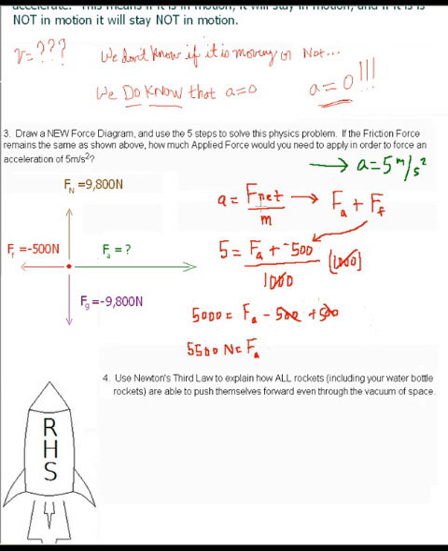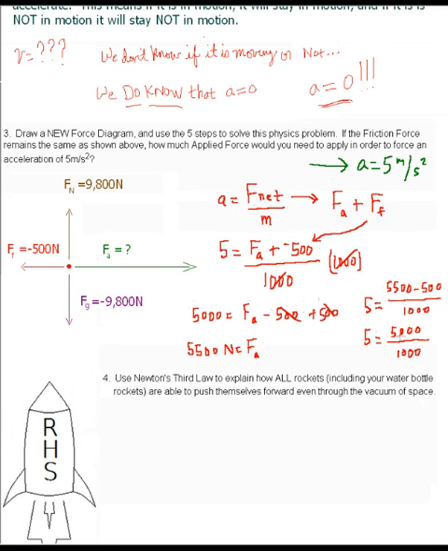Now if you put that back into the original equation, what you're saying is that the acceleration of 5 meters per second squared is going to be 5,500 minus the friction of 500, divided by the mass of 1,000. And does this work? Well, is 5 equal to 5,000 over 1,000?